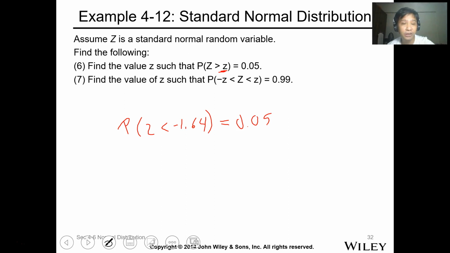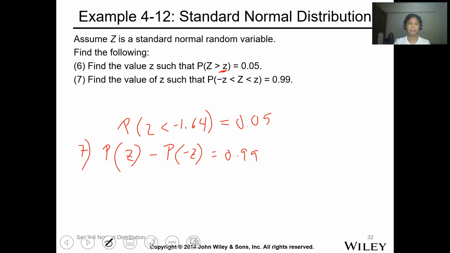Now, for number 7 naman, so we can have probability of Z. This one is probability ng Z minus probability ng negative Z. Tama? And this is equal to 0.99. Okay?